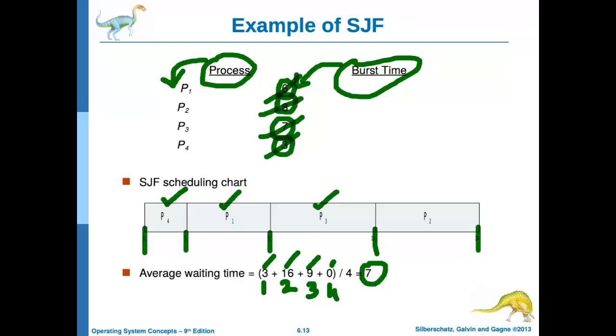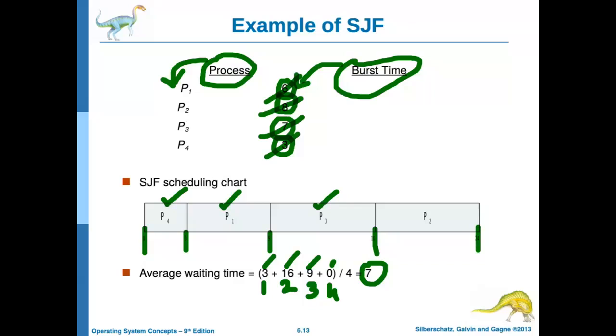Even though this is a single snapshot, imagine before P1 is finished, another job, say P5, arrives with time unit 5. That will be selected. If that is finished, say another one arrives before finishing that with burst time 3. That will be selected.